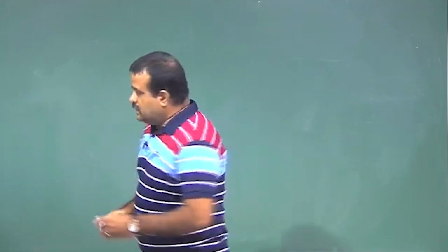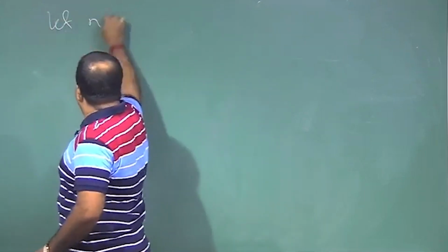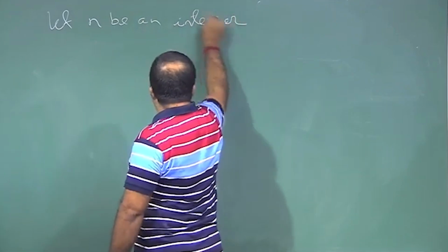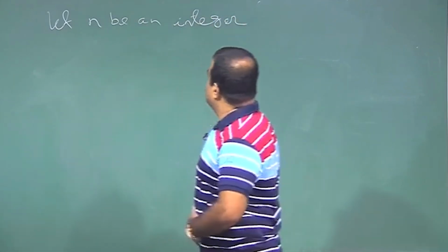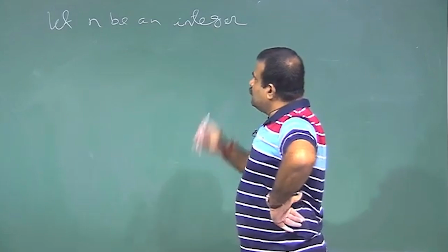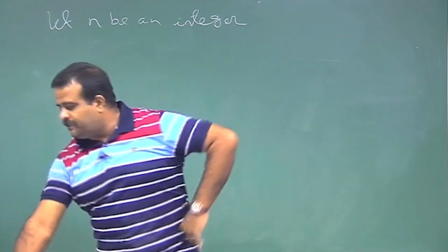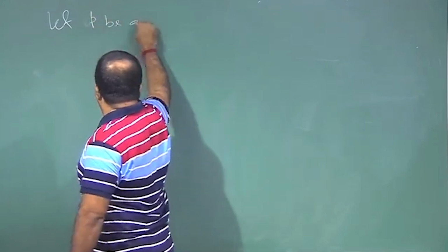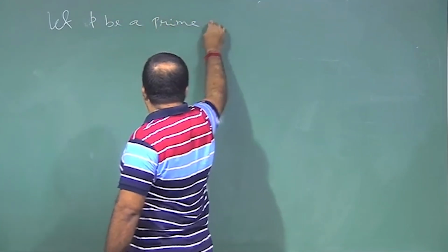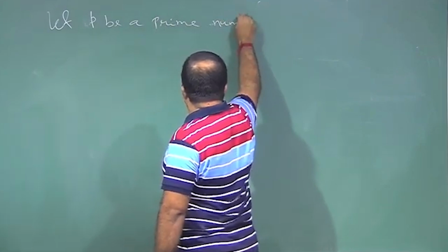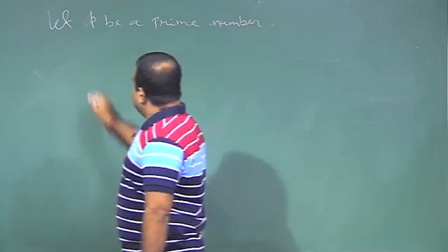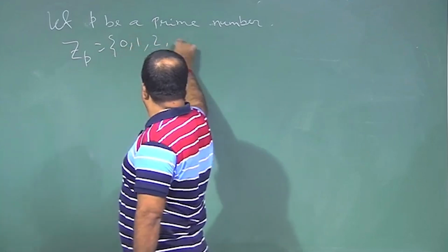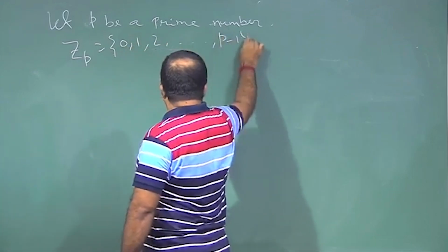Let n be an integer. Suppose n is a prime number, let p be a prime integer. Then we know Zp is 0, 1, 2, 3 up to p minus 1.